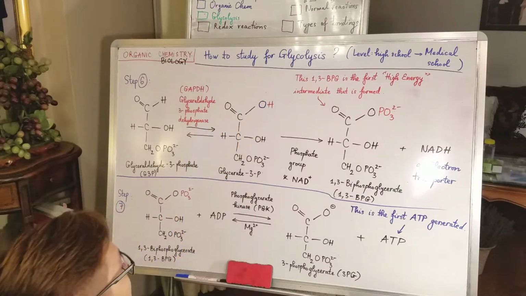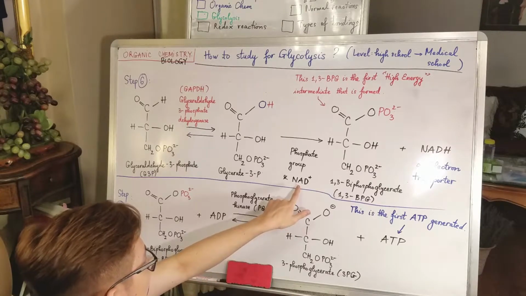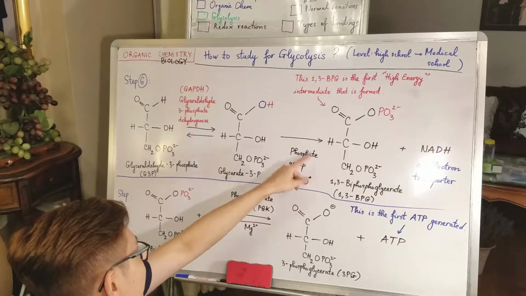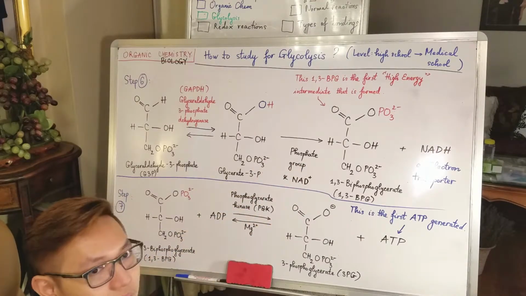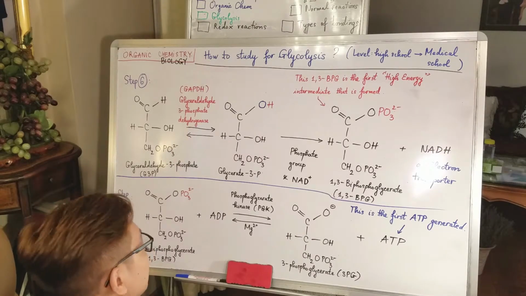Now, there should be a lot of NAD plus, which is the electron transporter, in the environment of the cytosol, and also a lot of phosphate groups floating around as well. Free phosphate group, that's what I would say.